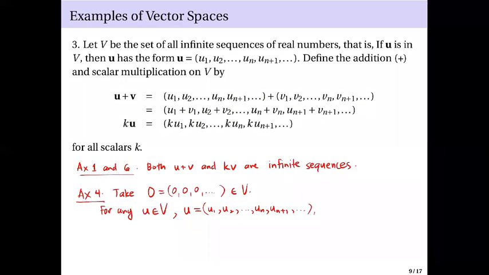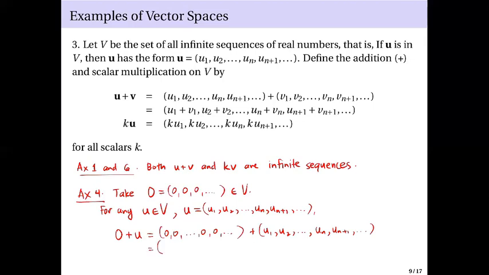But the verification will be easy. You have 0 plus u. So this is just the infinite sequence of zeros, and then you add this to the infinite sequence u1, u2, until un plus 1, etc. According to the definition, we just add component-wise.